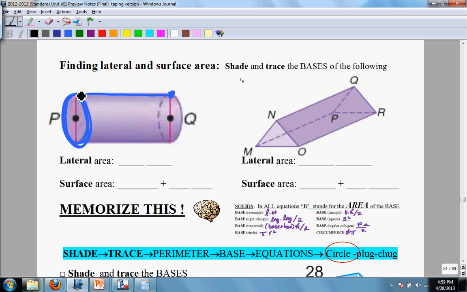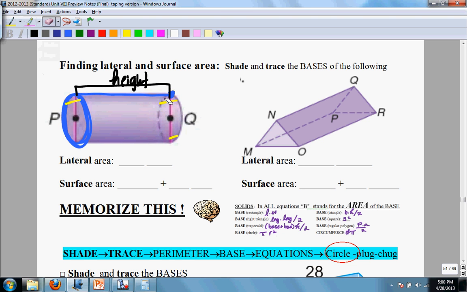And then the distance between the bases is always called the height. So right here it says shade and trace the bases. So first thing I'm going to do is shade the bases. There's one base. There's the other base. Let me switch colors so I can be consistent here.